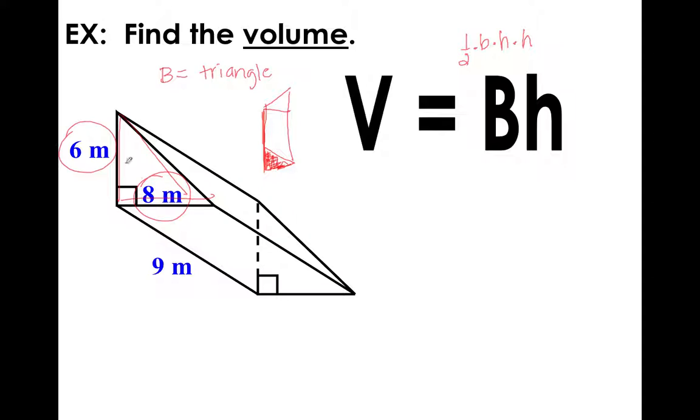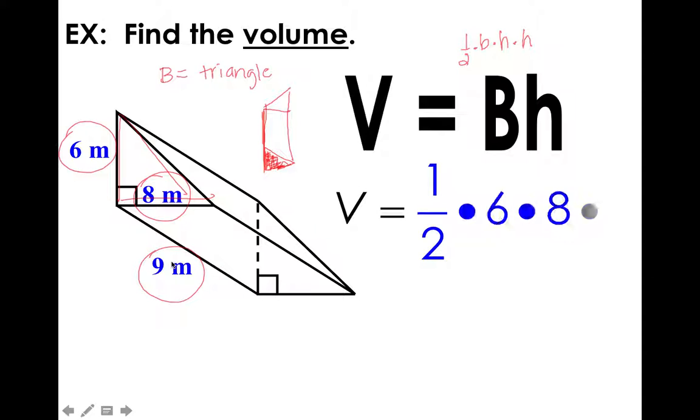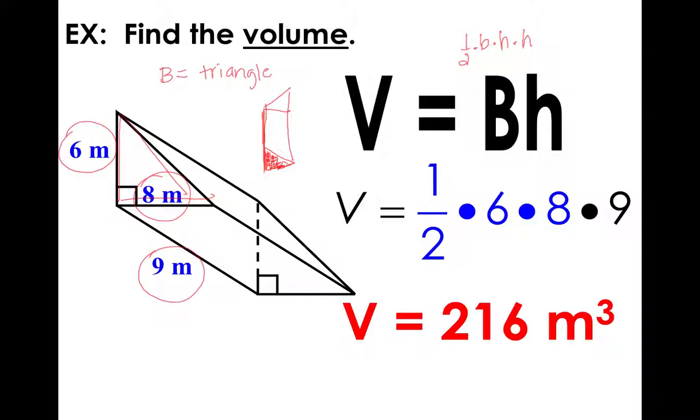If these two represent the base and the height of the triangle, then this right here must represent the height of the figure itself. And now all we're doing is basic multiplication. When you plug that into the calculator, you get that the volume of this figure is equal to 216 meters cubed.